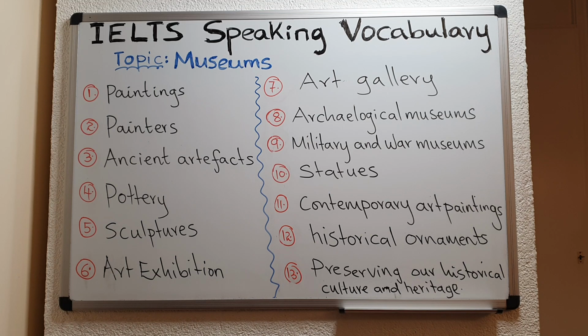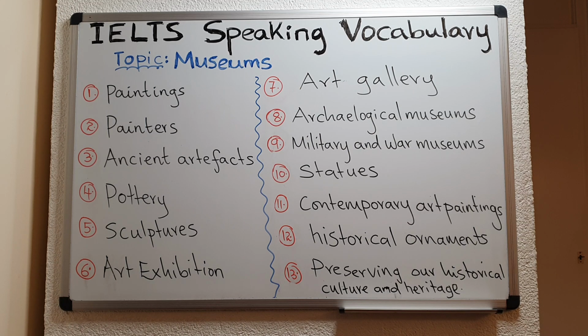To ensure that we can still remember our historical culture and heritage. So we protect it. To preserve our historical culture and heritage means to protect. We don't want to forget it, and that's why we have museums.